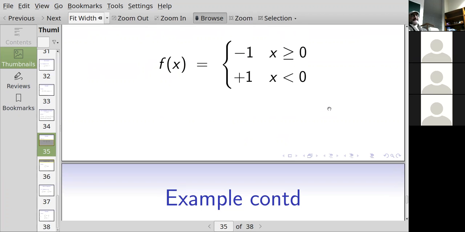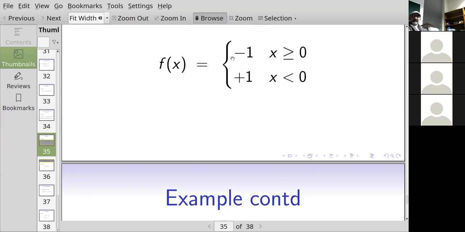The answer is that if you go more deeply into this, the value of f at a single point doesn't matter.